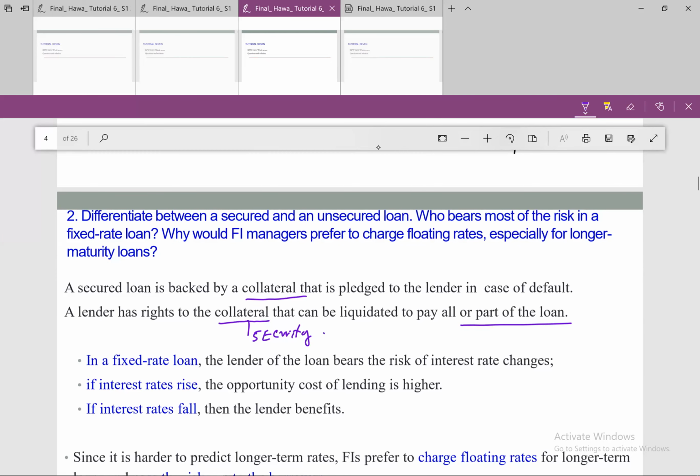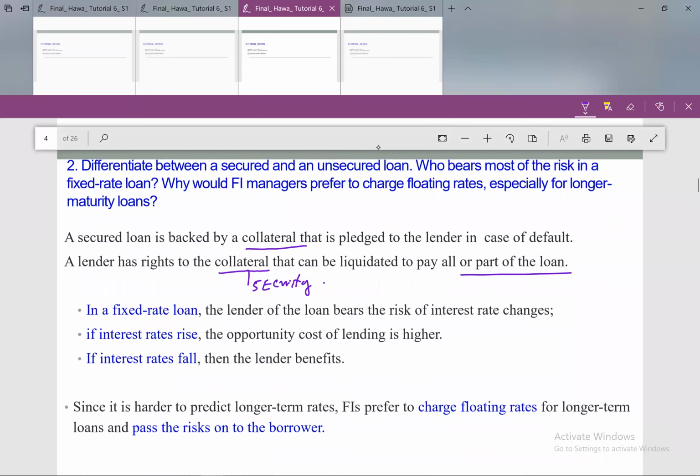Okay, so we have what we call collateral. The other thing which we want to talk about is fixed rates against variable rates. When we have a fixed rate, the lender of the loan bears the risk of interest rate changes.